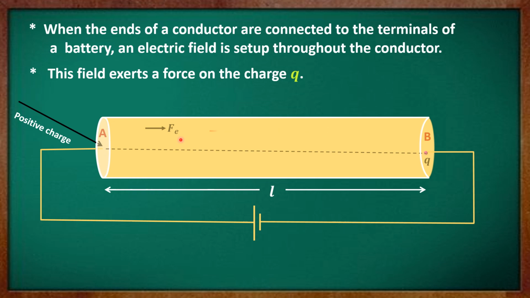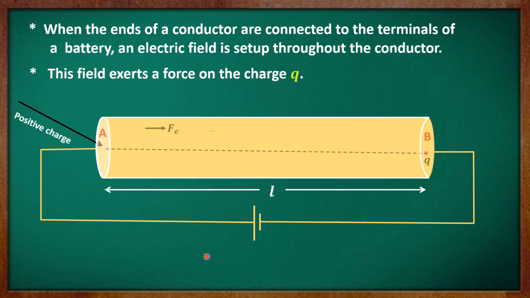Because of that force, how much distance has it covered? The distance covered by the charge is L. That means the electric force has done some work on the charge Q.